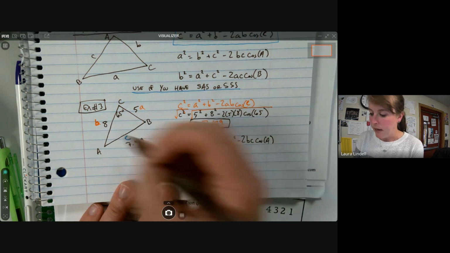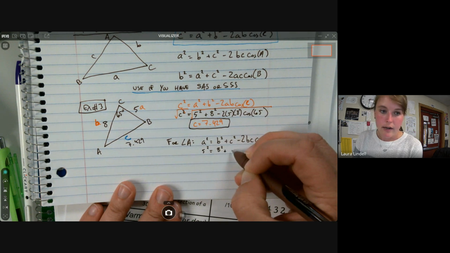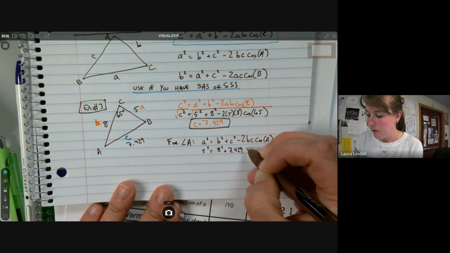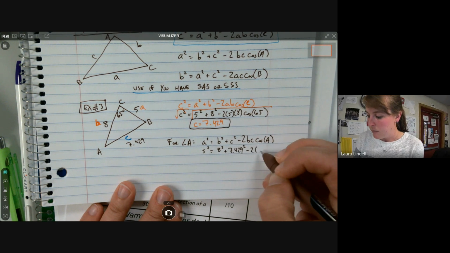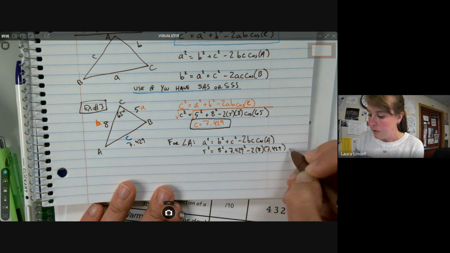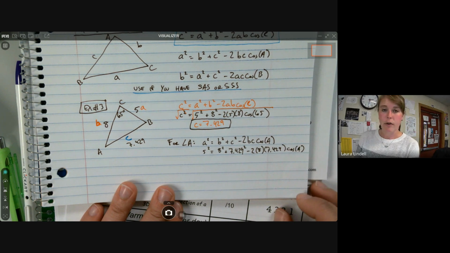I know B is 8, so 8 squared. And then I know C is 7.429 now, so we want to square that. Minus 2 times 8 times 7.429 cosine of A, because that's the thing that we don't know that we're looking for.